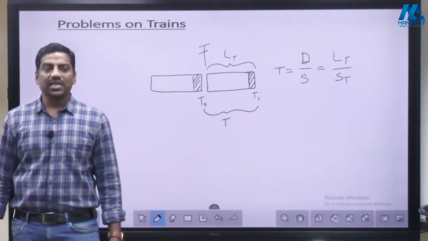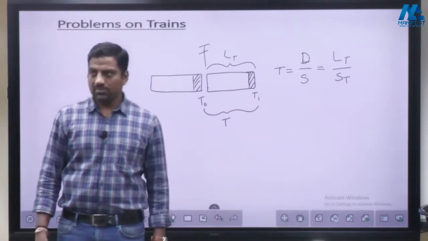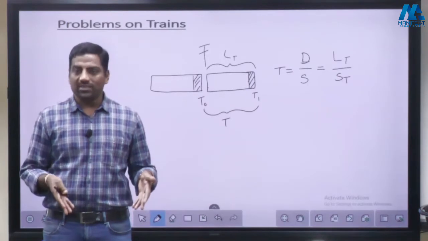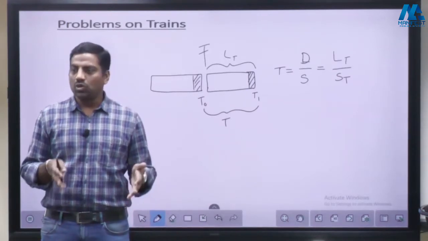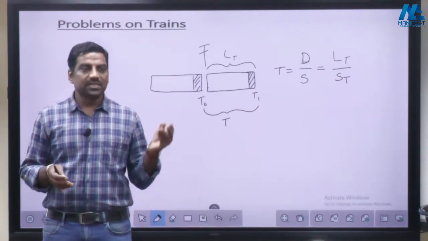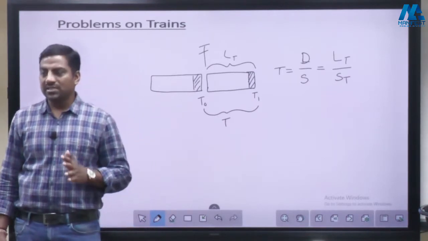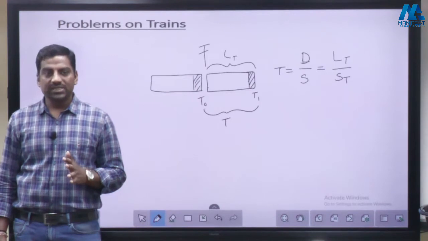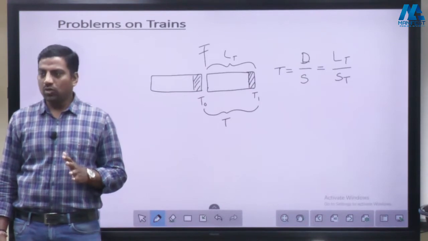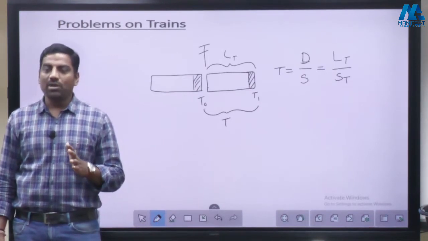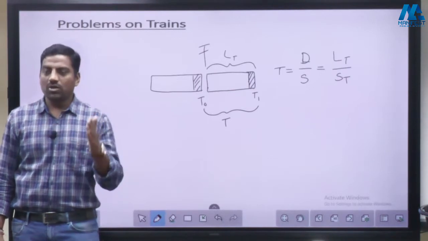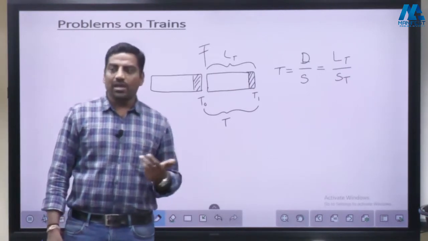Here they are not asking the train to cover some distance. It has to cross its own length. So that is the length of the train divided by the speed of the train. You will get the time. Isn't it easy? You are getting the sense, right? Are you able to imagine one train which is crossing a pole or tree or a man?